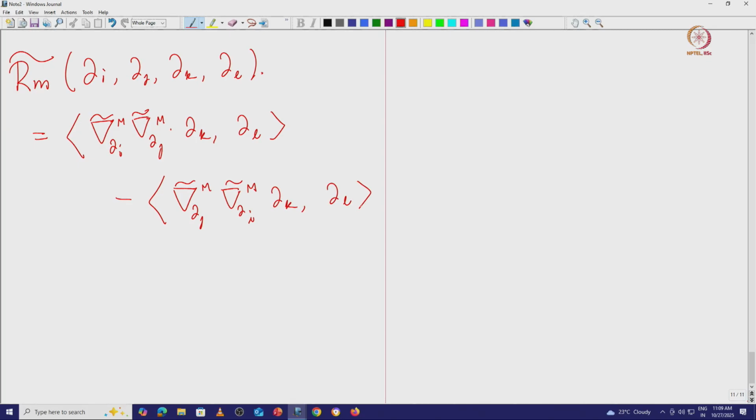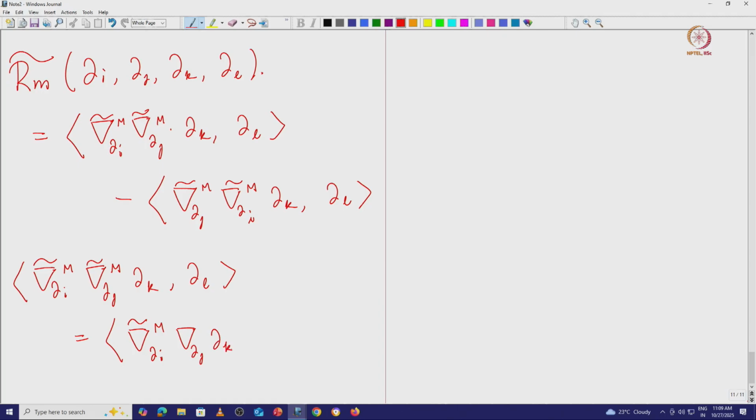Okay, so let's compute the first term. I use the Gauss equation to write this as the intrinsic derivative of del k with respect to del j, and then there will be a second fundamental form term.